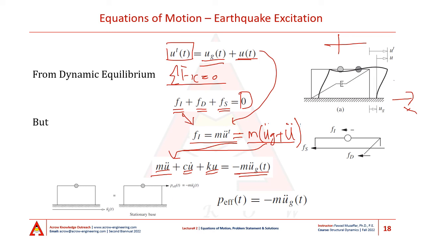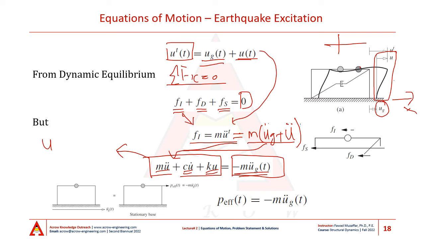Now, all of the terms on the left hand side are written in terms of u, which is basically the relative displacement of the frame to the ground. And on the right hand side, we have minus mass times ug double dot of t, which is basically the product of mass m multiplied by the ground acceleration function.